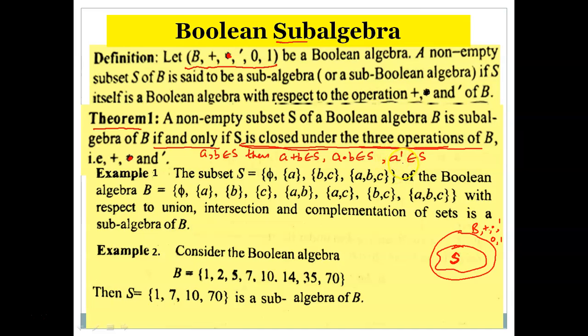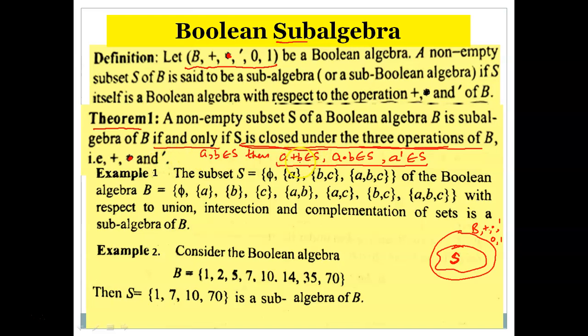That simply means that for every element of S, its complement also belongs to S. So writing this situation mathematically is the same as saying that S is closed under the three operations of B: plus, dot, and complement.